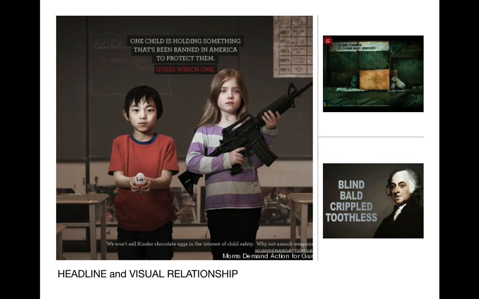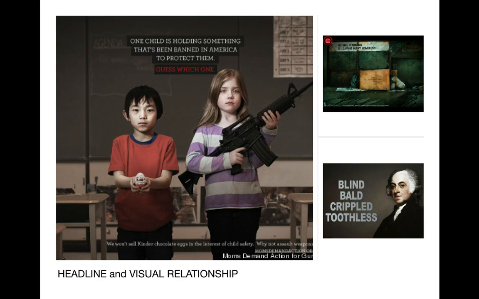Now, here's some other great examples of a headline-visual relationship where the headline is thought-provoking and asks a question, and it's the visual that tells the story. In this gun ad on the left, you see it says, one child is holding something that's been banned in America to protect them. And they then follow up and ask you, guess which one? And what's great about this ad is they show a child holding the Kinder Egg, and then one they show holding an assault rifle.